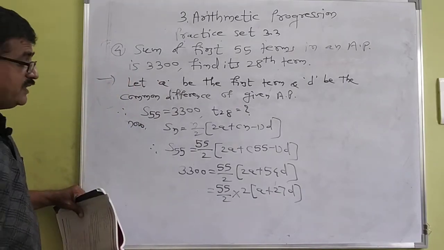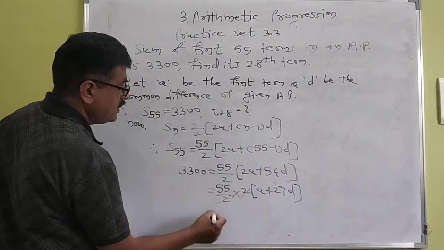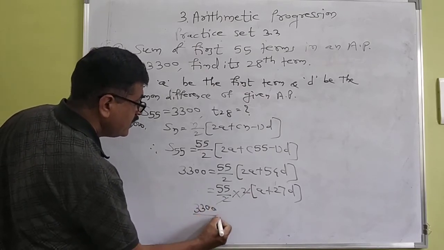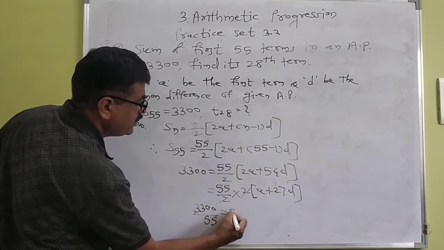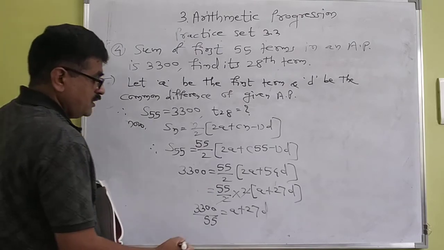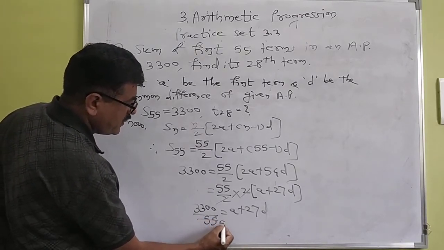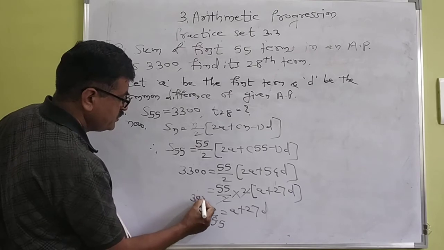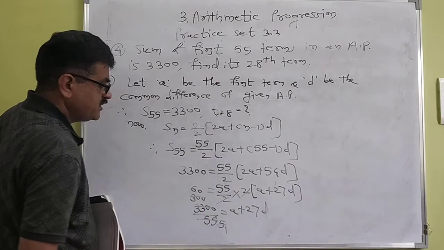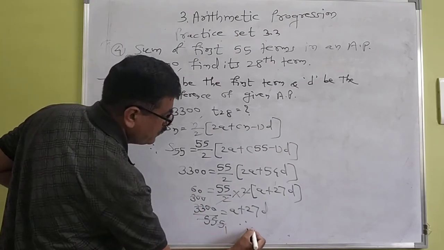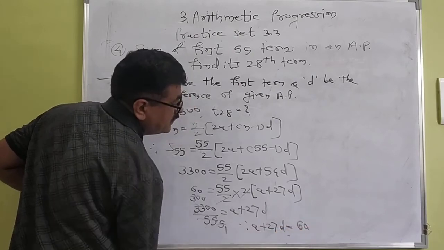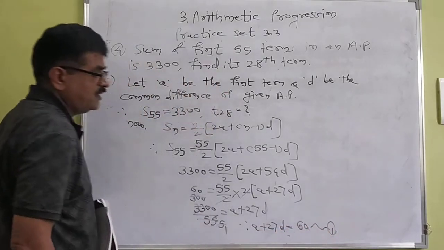The 2 gets cancelled. Now dividing by 55, 3300 divided by 55 is equal to a plus 27d. Dividing by 11, 300. Dividing by 5, 60. Therefore, a plus 27d is equal to 60. This is number 1.